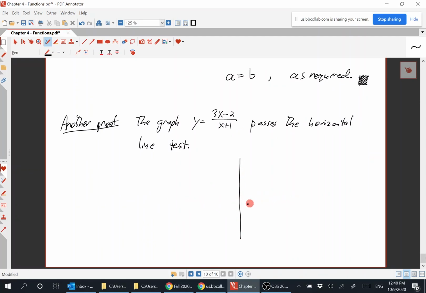Why does the horizontal line test mean anything here?